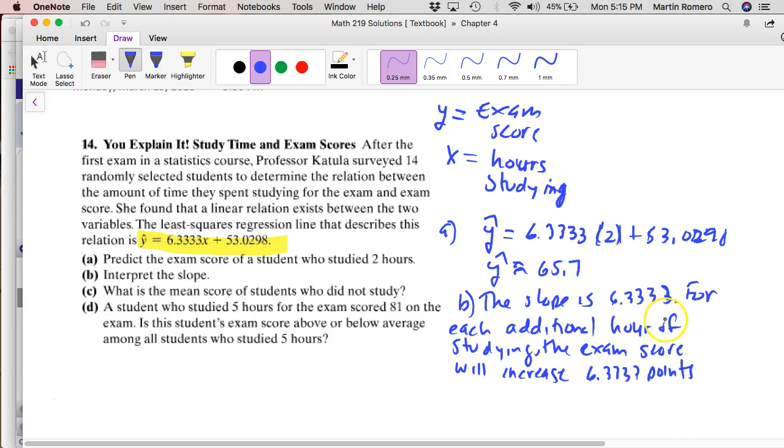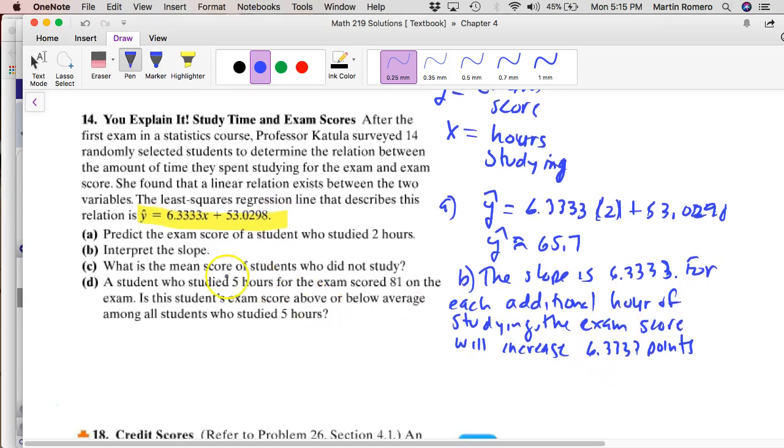So if you want to increase your score, you study more, and that's what this equation is saying. Doesn't mean it's going to predict perfectly for everyone, but on average, this is what we would expect to happen.